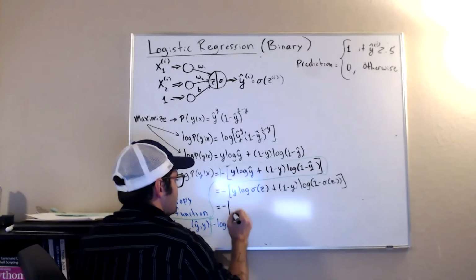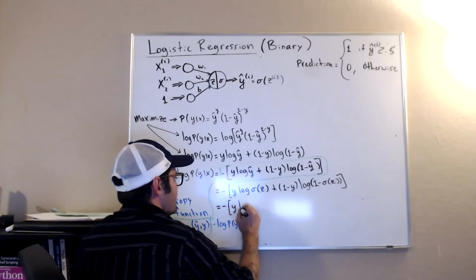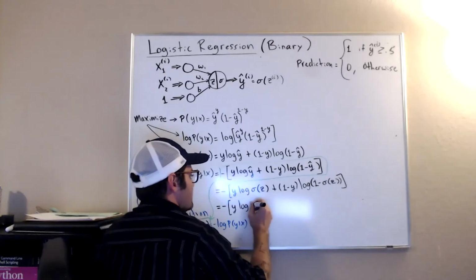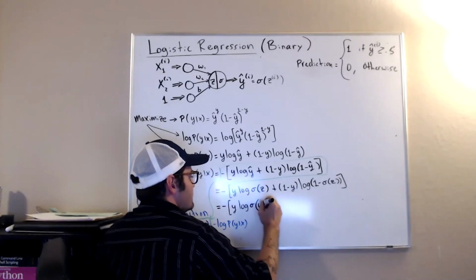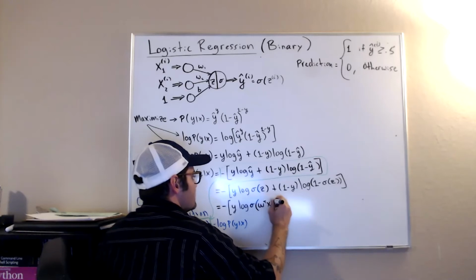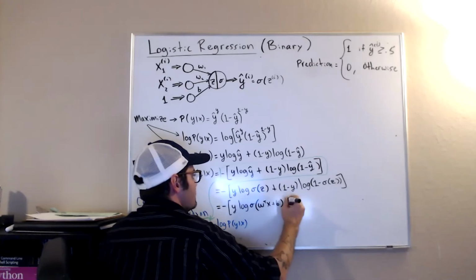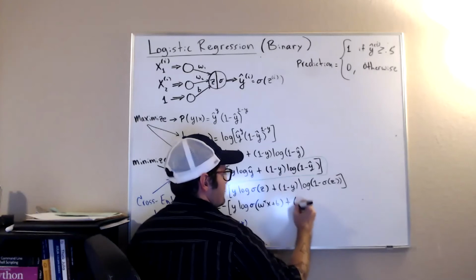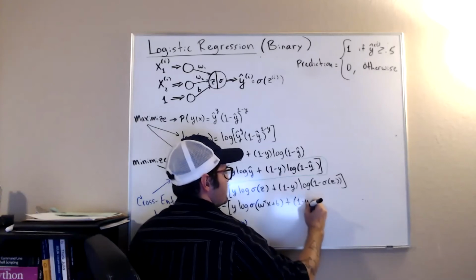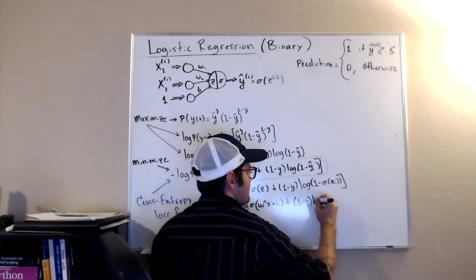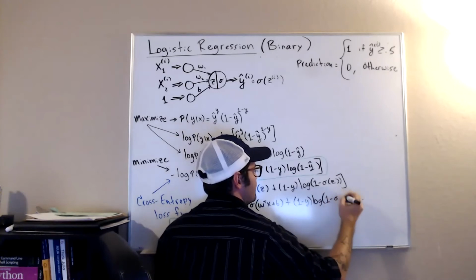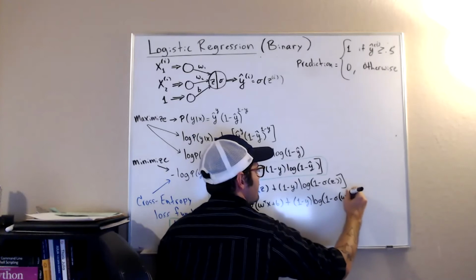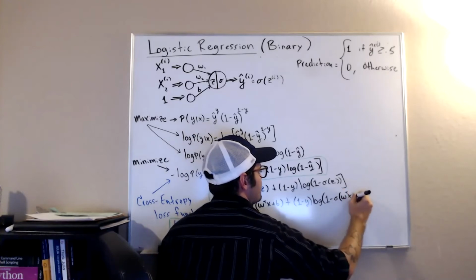I get that this is y log of sigma of w transpose x plus b plus 1 minus y log of 1 minus sigma of w transpose x plus b.